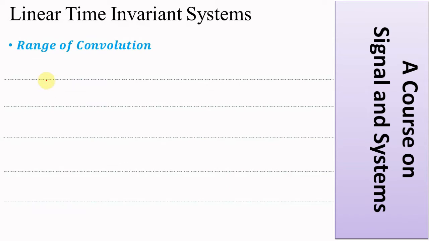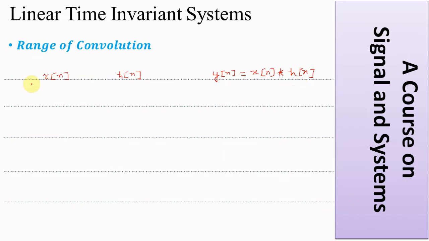So suppose for discrete time systems I am taking a signal xn and taking a signal hn, and we are evaluating the convolution of the two. So we calculate xn convolution with hn, and that convolution is denoted by yn.